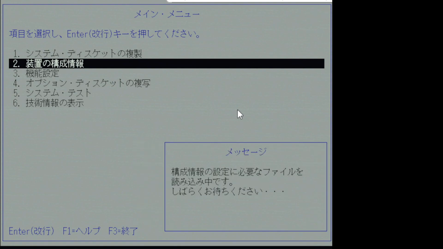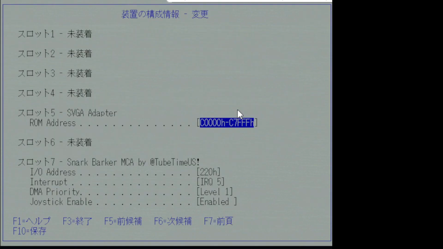So what I did was I modified the SnarkBarker. I slightly modified the CPLD and the circuitry. What I've added is, under the interrupt modes, I now have an option. So there I was on IRQ5.